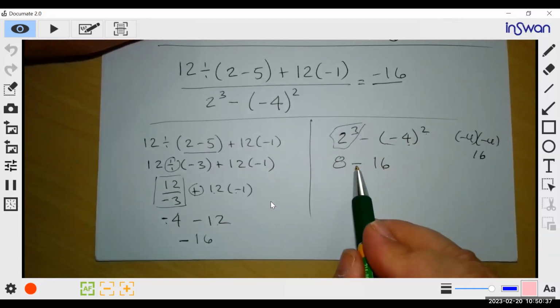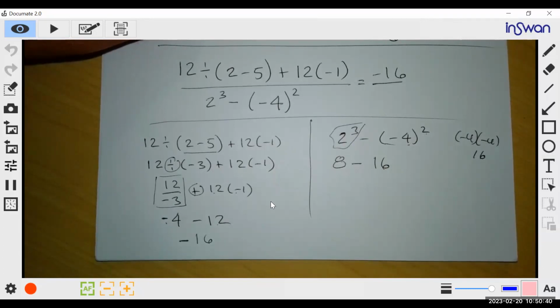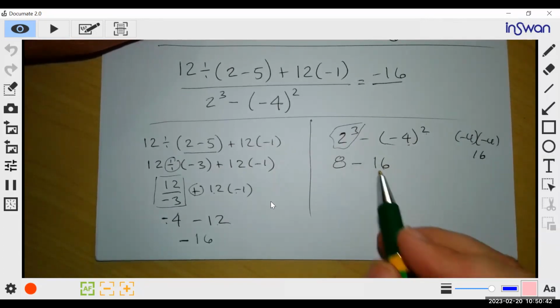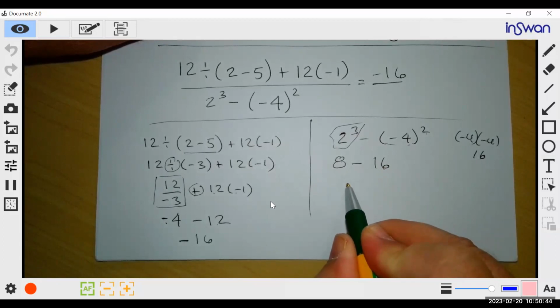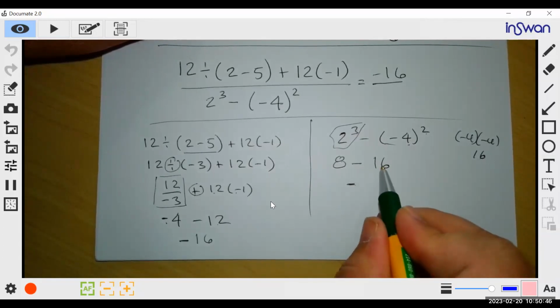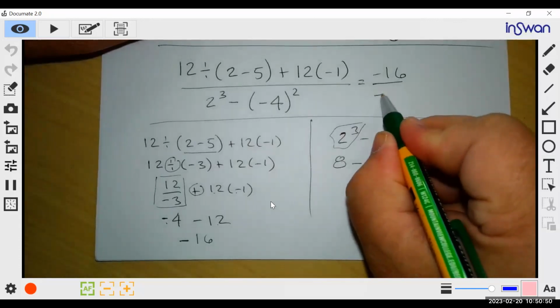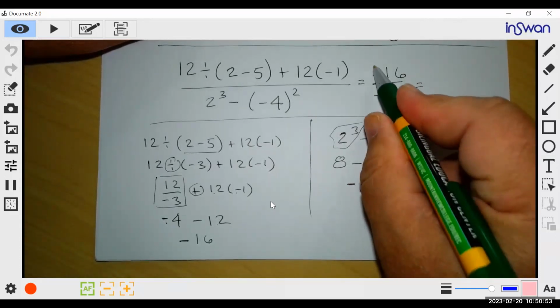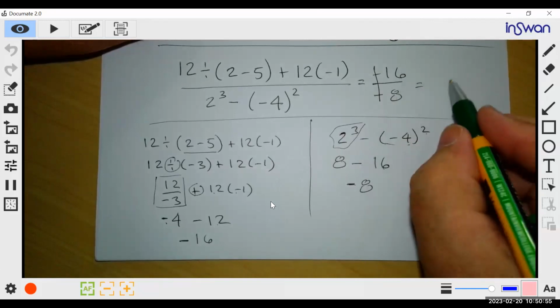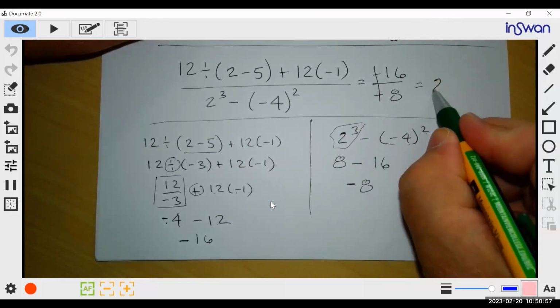So 8 minus 16, it's going to be negative. 16 minus 8 is 8. They're both negative, so they cancel. 16 divided by 8.